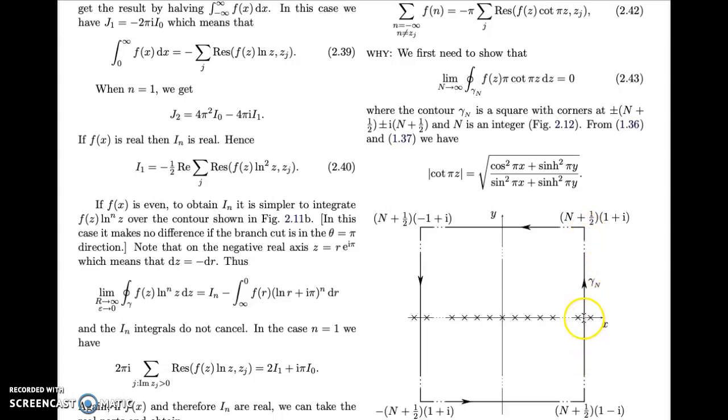The important thing is that this is n plus a half and this is minus n plus a half. So we then take the limit as n goes to infinity, but we always make sure we don't integrate through a pole. So n stays as an integer, but it gets larger and larger.